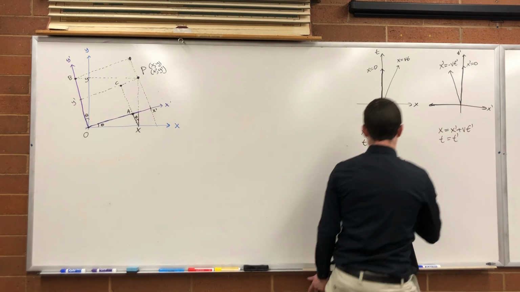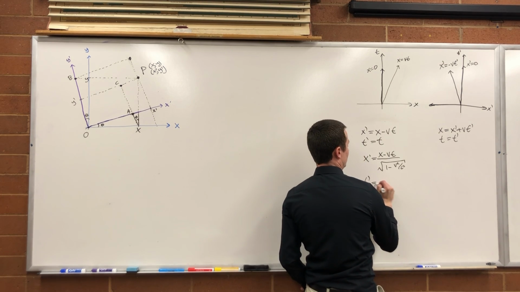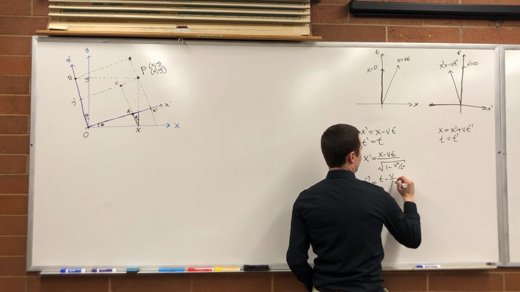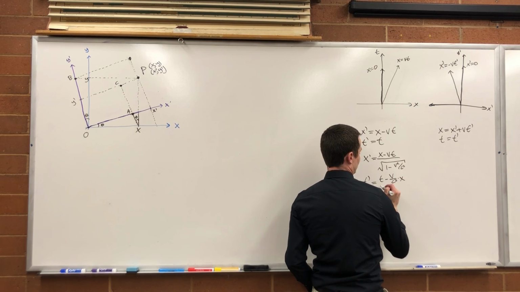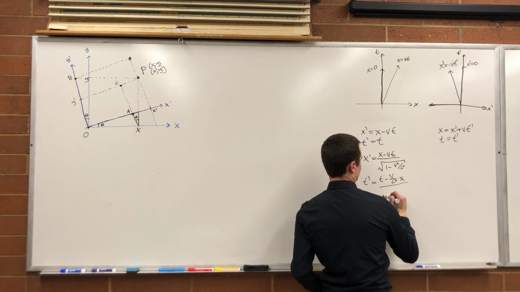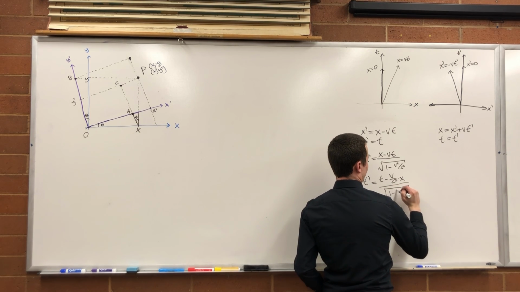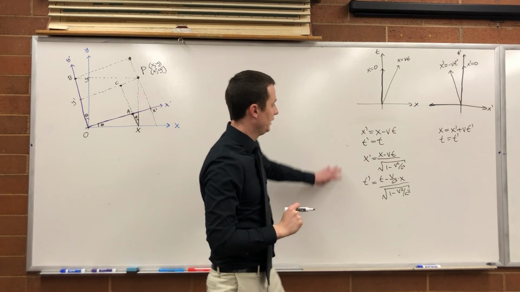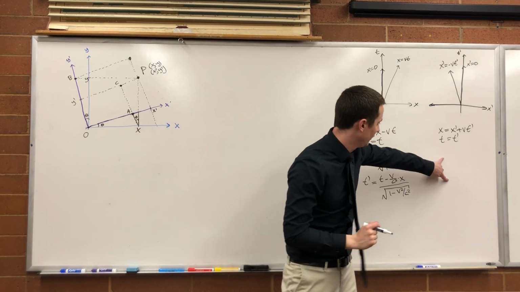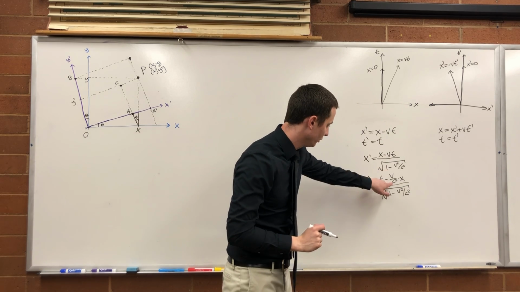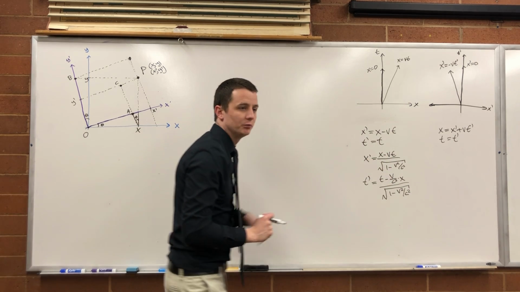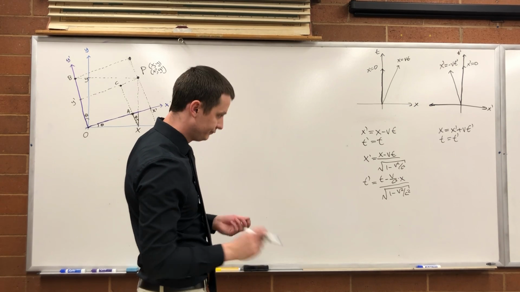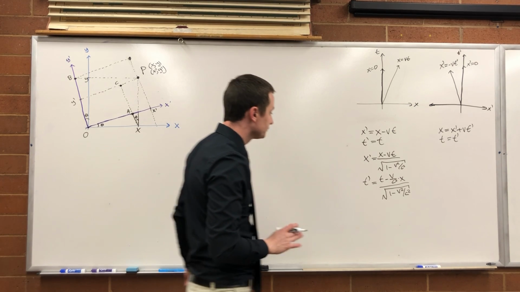And to get the t prime, it's going to equal t minus v over c squared times x, all over the square root of 1 minus v squared over c squared. And then the only difference between these equations and the ones we write over here is switch your minuses to pluses, and your x primes and your t primes.